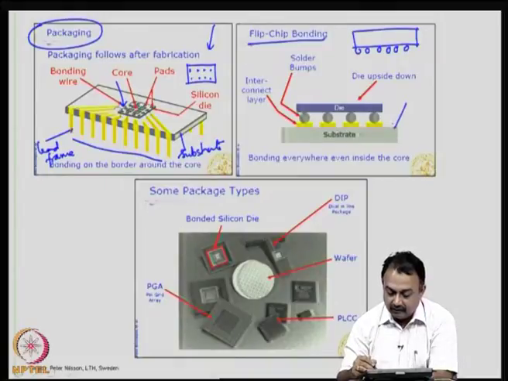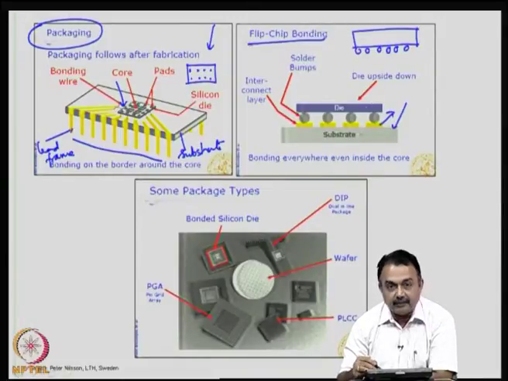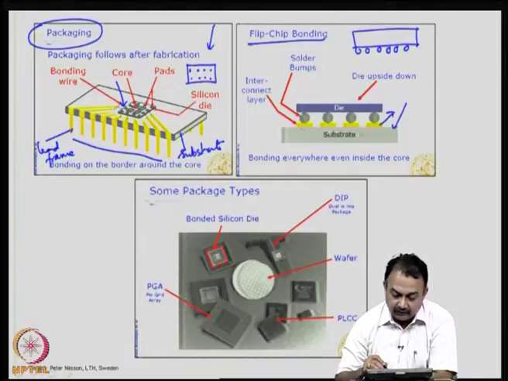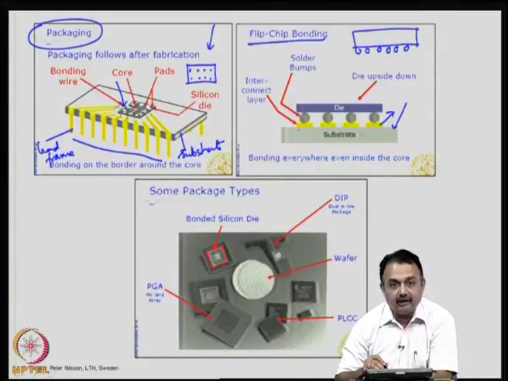So, basically you have a substrate and this is the bond pad on the substrate, then you have the die upside down, and at the bottom of the die you can see solder bumps. The solder bumps will establish the connection with the substrate, and what you see here, the yellow color on the substrate is the interconnect layer.